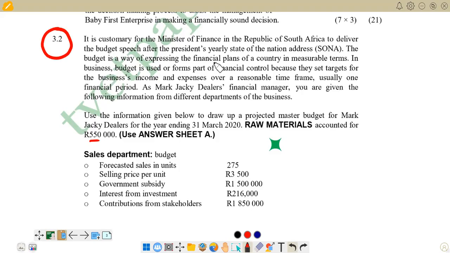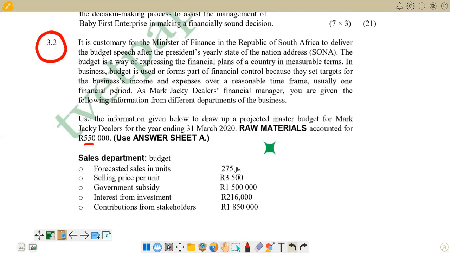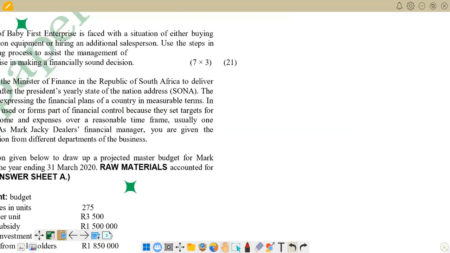So this is our explanation of what we mean by a projected budget. For this projected budget, we are going to prepare a statement that will show us this budget. On this statement, it's also important to take note that there are some formulas that describe it.